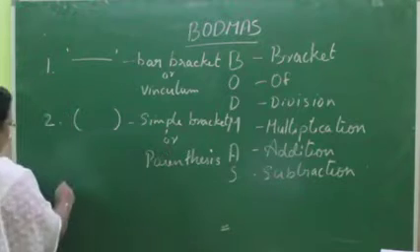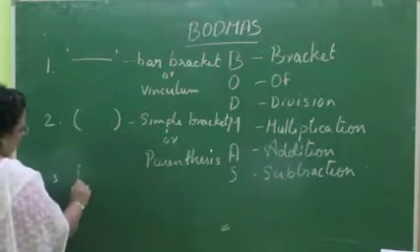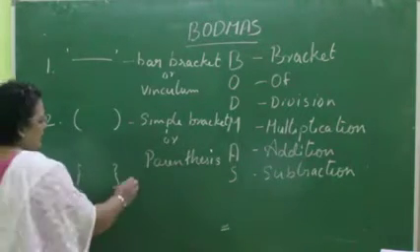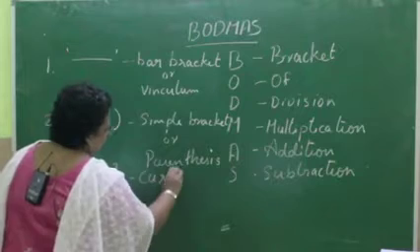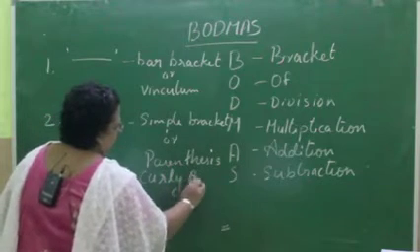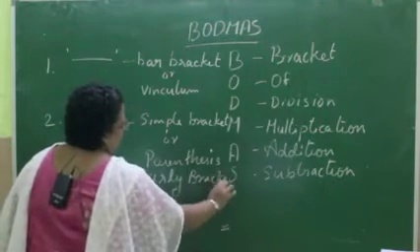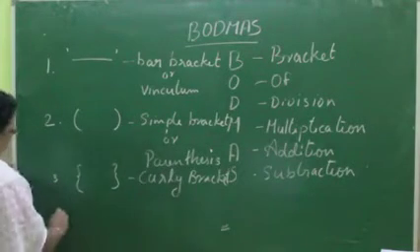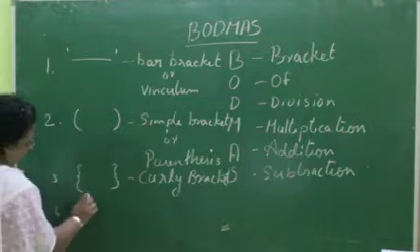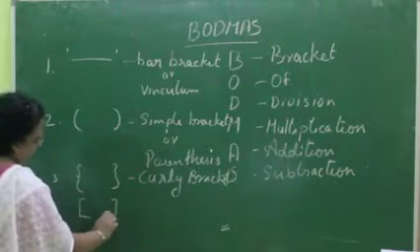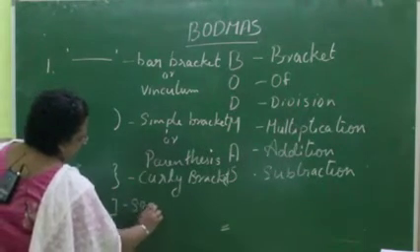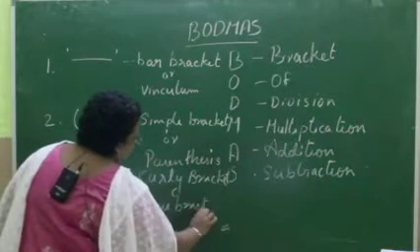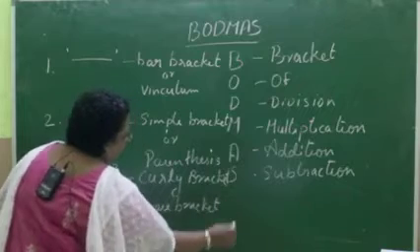Okay. Now the third bracket is called the curly bracket. And now the fourth one is the square bracket. I hope you got it.